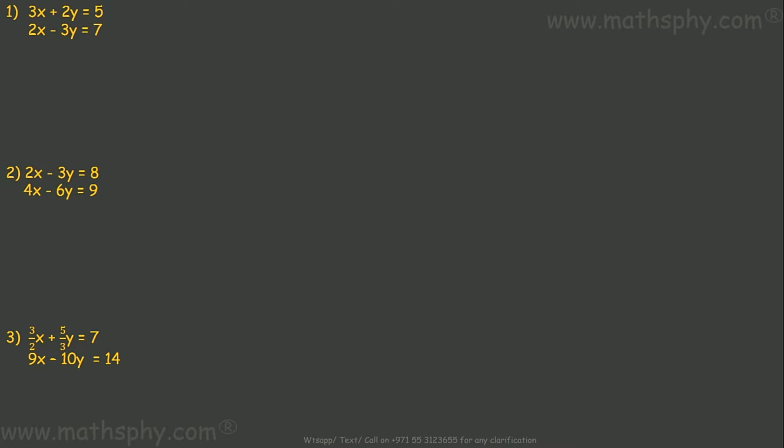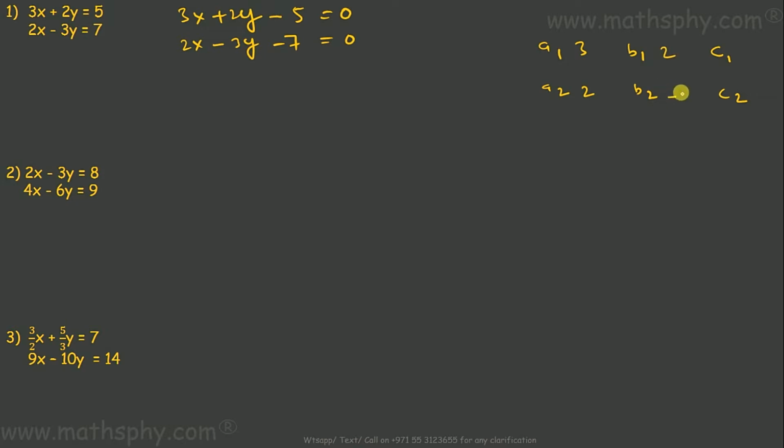So let's find them out. 3x plus 2y minus 5 equals 0, and 2x minus 3y minus 7 equals 0. a1, a2, b1, b2, c1, c2. a1 is 3, a2 is 2, b1 is 2, b2 is negative 3, c1 is negative 5, c2 is negative 7.